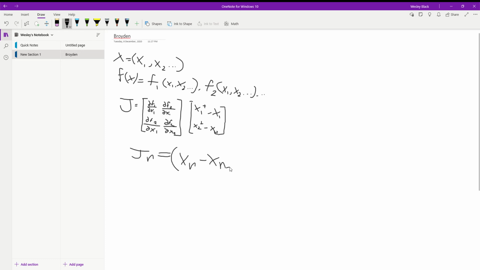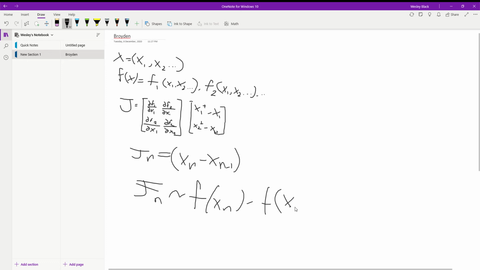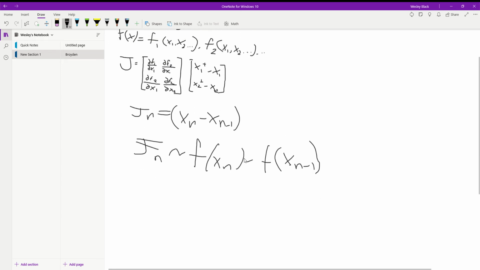We'll just say it's xn minus 1. So, j2, x2, x1, and we'd say that J of n, that's a horrible j, that's a cool j, there we go, is approximately going to be f of x n minus f of x n minus 1. Very cool, but that was a pain to write.